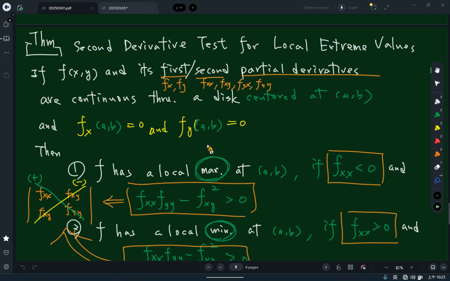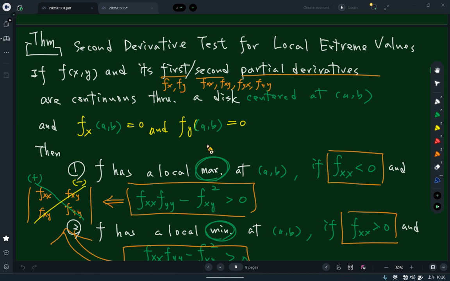Did you remember when we faced the single variable function, we also did that? We try to find at which point its first derivative is equal to 0. Then that point will be a candidate which may provide the local maxima value or minima value.